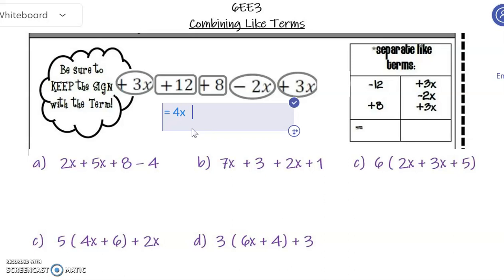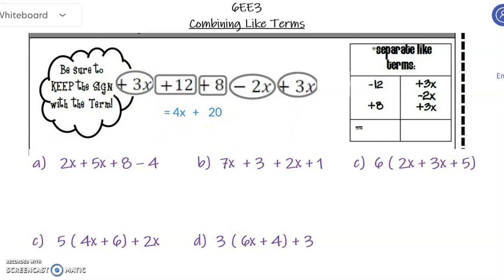And then I've got a positive 12 and a positive 8, ignore the negative over there, that should say positive. It's going to give me 20. So the answer to combining these like terms is 4x plus 20 right here.